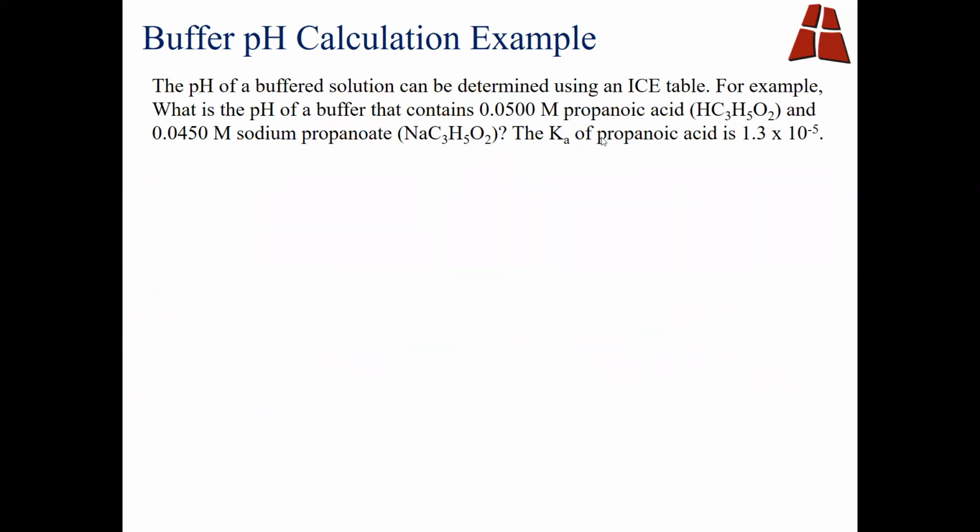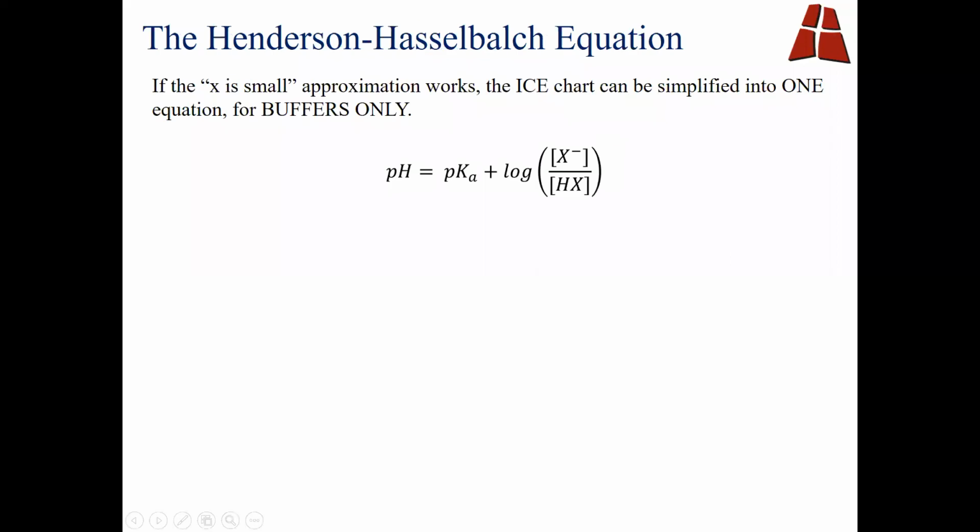The good news is the rest of this pre-lecture is talking about an actual easier way yet to find the pH. As long as our x is small approximation works, then we don't actually need to use an ice chart. Instead, we can use one equation that we used in lab the week before break, the Henderson-Hasselbalch equation shown here, where pH is equal to our pKa plus the log of our base over our acid concentration.